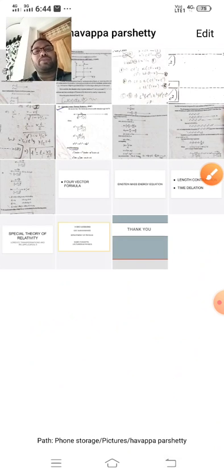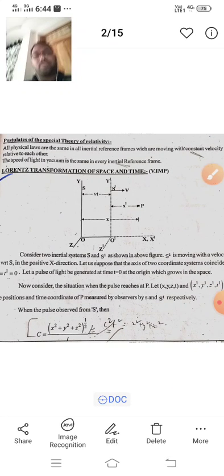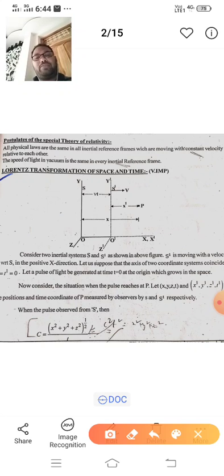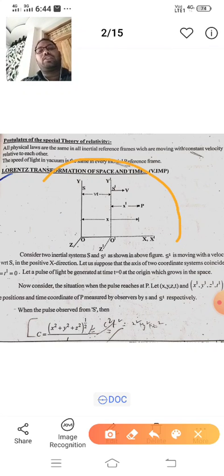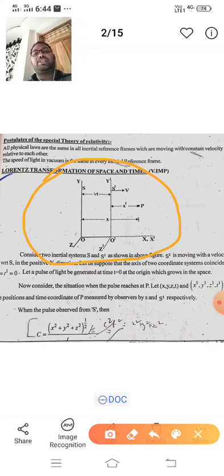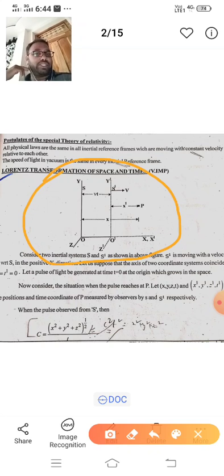These Lorentz transformations are explained by this diagram. Let us consider two inertial frames S and S dash, where S dash is moving with velocity v with respect to S in the positive x direction.